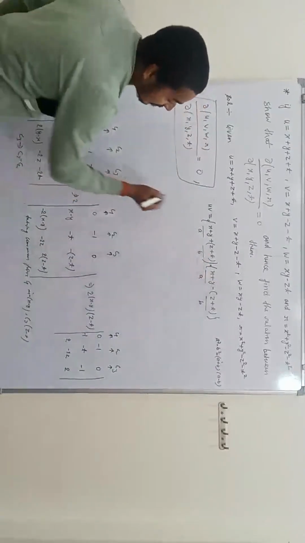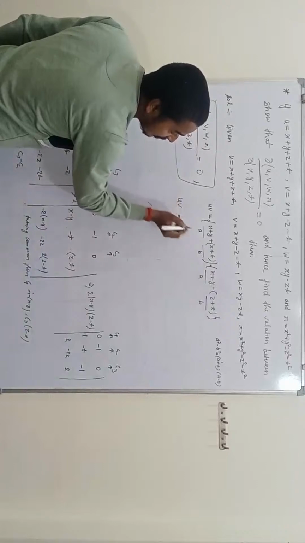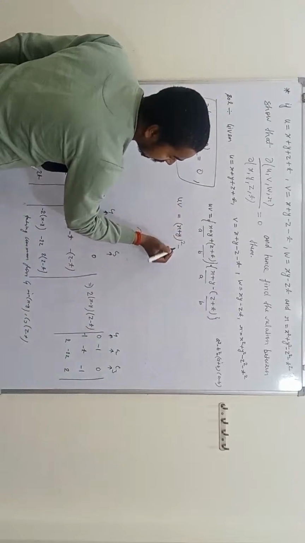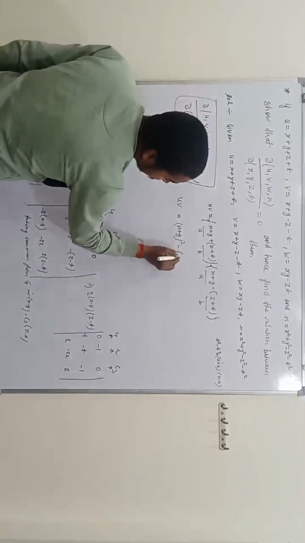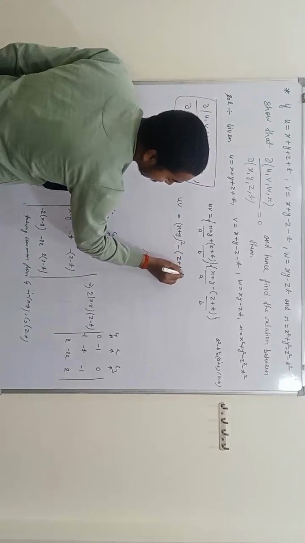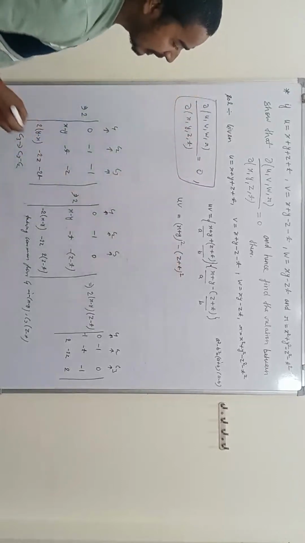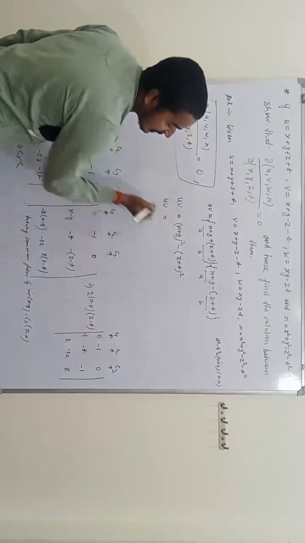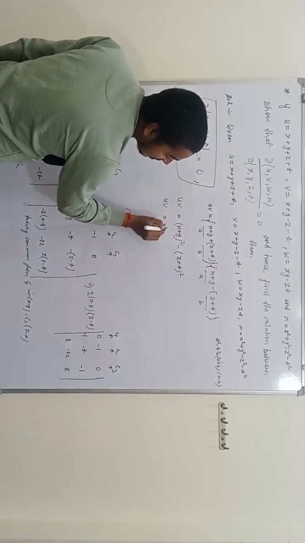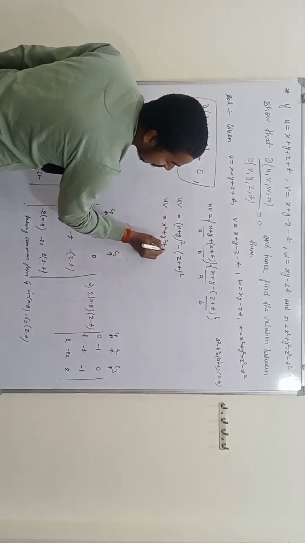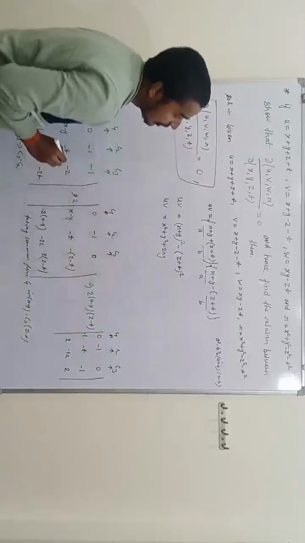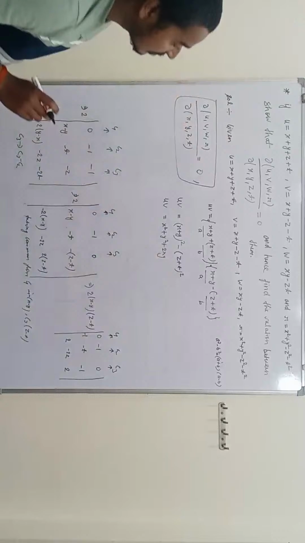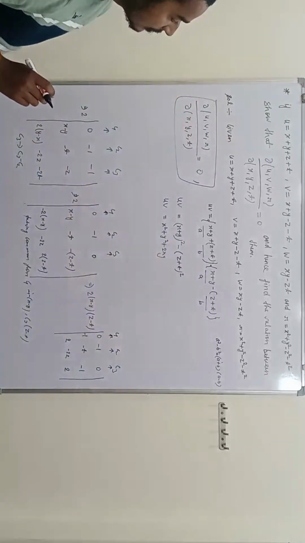Then we have to write uv is equal to x plus y whole square minus z plus t whole square. Further we have to expand, that is uv is equal to x plus y whole square, that is x square plus y square plus 2xy.